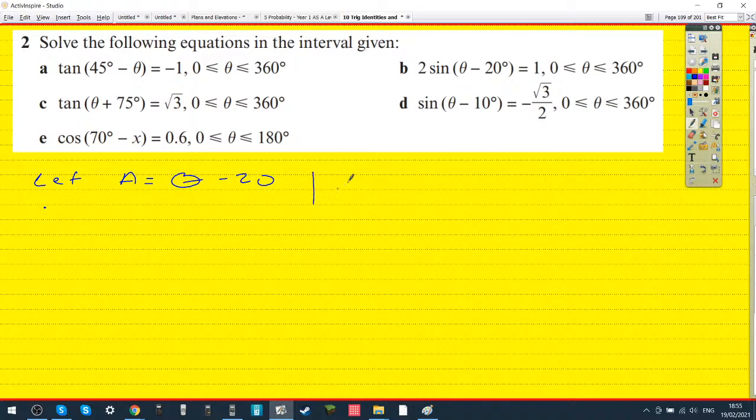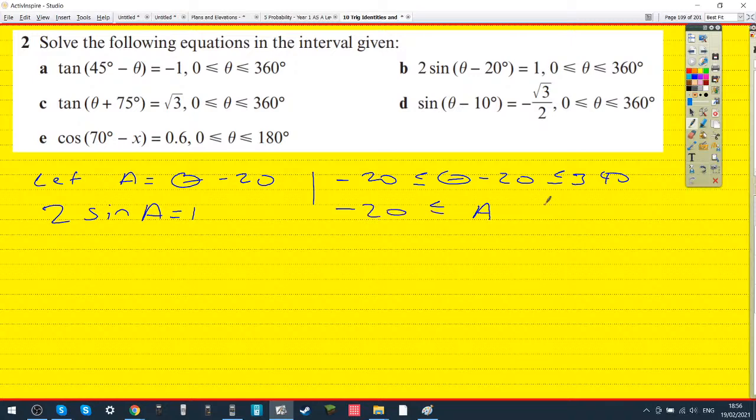And 2 sine A equals 1, with the range for A being minus 20 to 340, which might make it a bit easier to see. Great. And then you just fully solve it and swap it back.